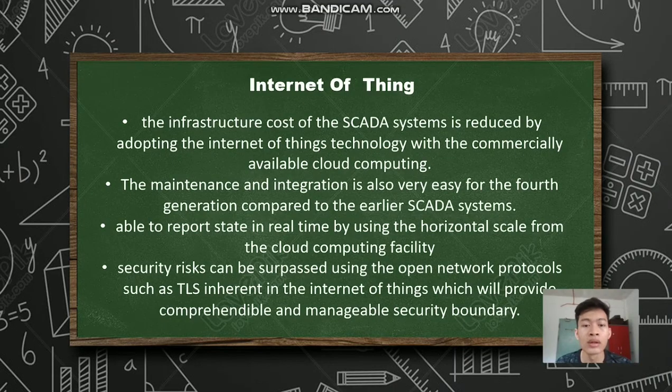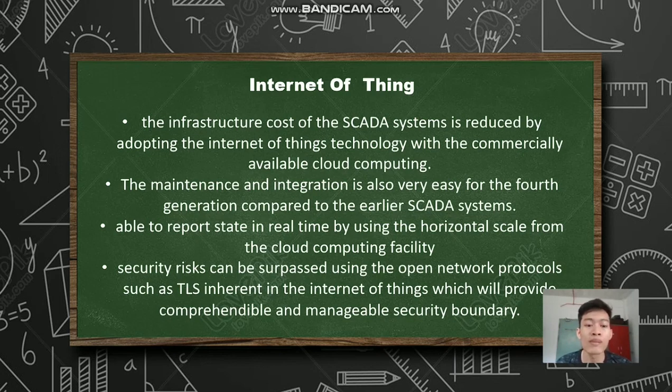Lastly, the Internet of Things, which is the fourth generation SCADA. In the Internet of Things, the infrastructure cost of the SCADA system is reduced by adopting Internet of Things technology with commercially available cloud computing. The maintenance and integration are also very easy for the fourth generation compared to the earlier SCADA systems.